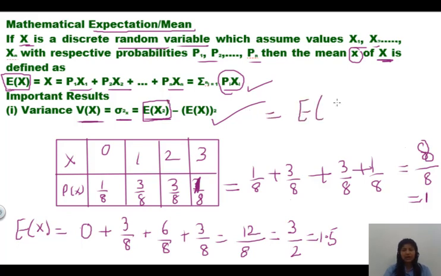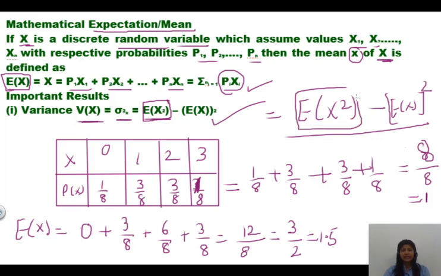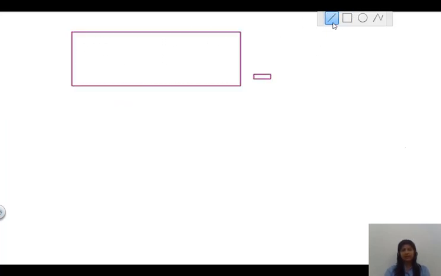As you can see in the formula, capital E of x square, what does this mean? Let us use a different sheet to find it out. Let us draw the table again.